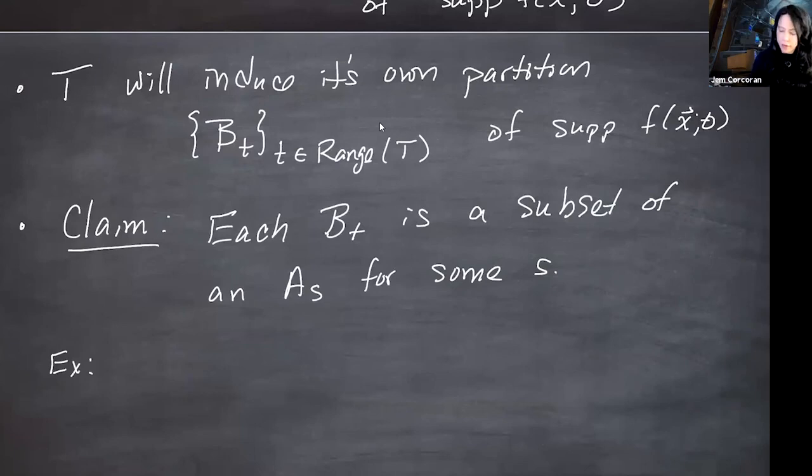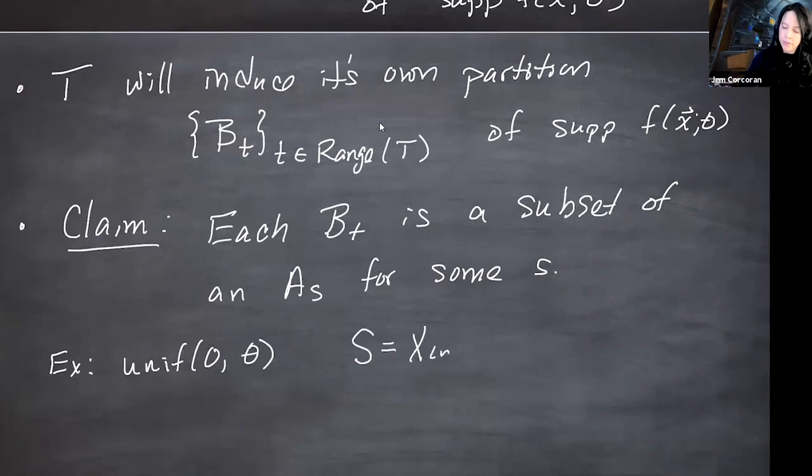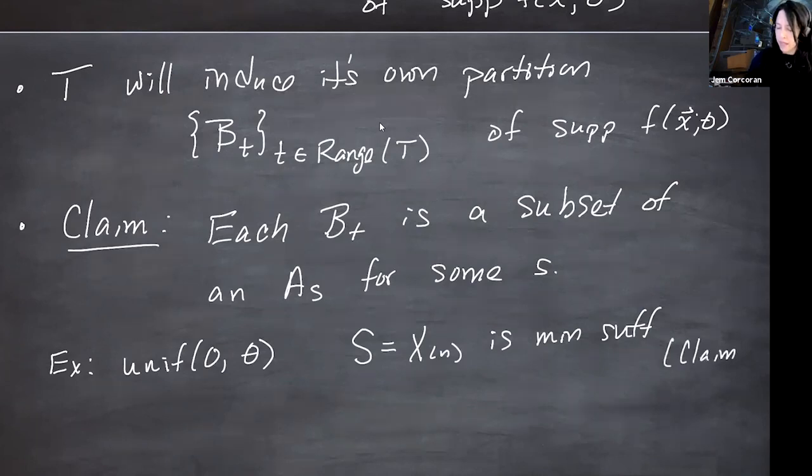Maybe you're convinced already, but in the uniform 0 theta case, we talked about S being the maximum is minimal sufficient, although I haven't proved that. We only proved so far a minimal sufficient statistic for the Poisson. So that's still just a claim. And T being the minimum and the maximum is sufficient.